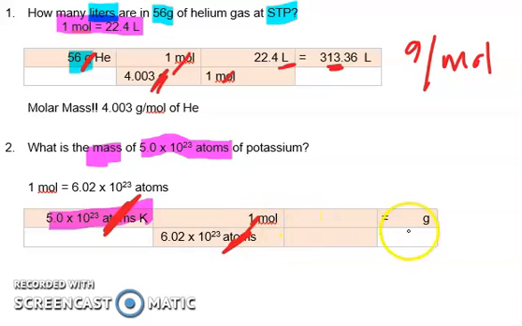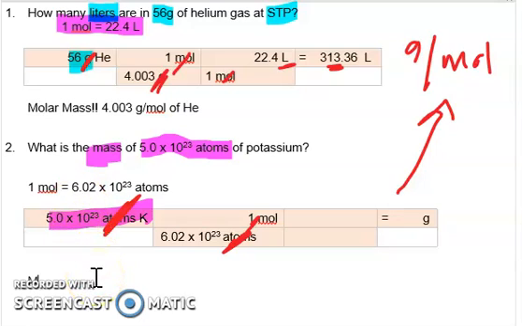But again, my final answer has grams. And the only other conversion that has grams and moles is this one. And that means I have to find the molar mass. Molar mass again. Molar mass of potassium. If I look at the periodic table, the molar mass of potassium is 39.098 grams per mole.